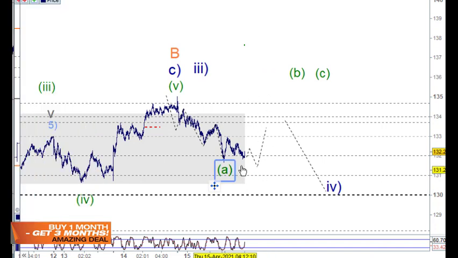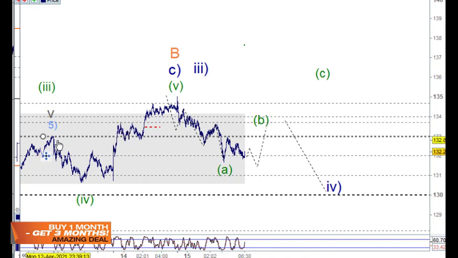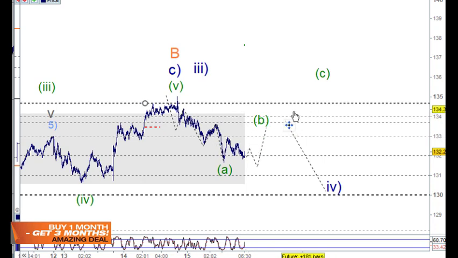I'll just pop it there. And wave B will come back up into this block here, that's the top. This thing here and this here, that's the balance line for this. So it will try and pop its head up over that.